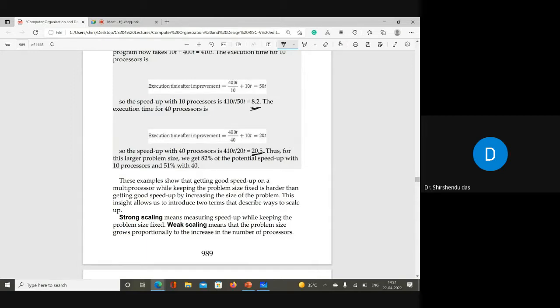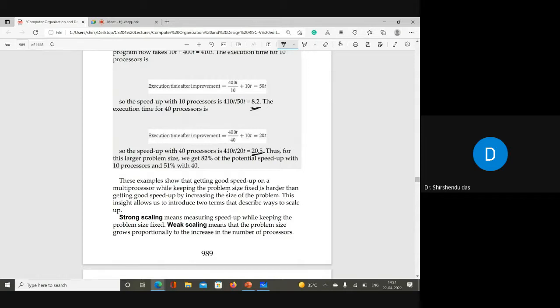It is written here also that these examples show that getting good speed up on a multiprocessor while keeping the problem size fixed is harder than getting a good speed up by increasing the size of the problem. If your problem size is fixed, then just increasing the number of cores may not give you benefit.